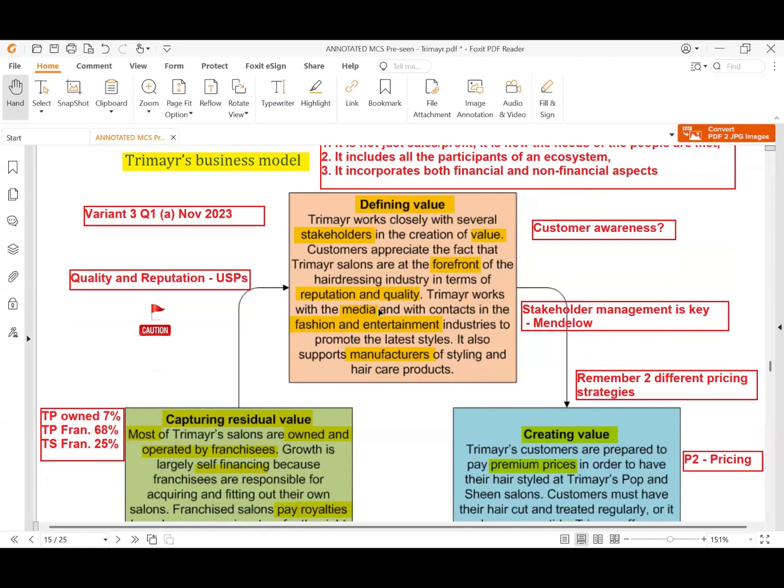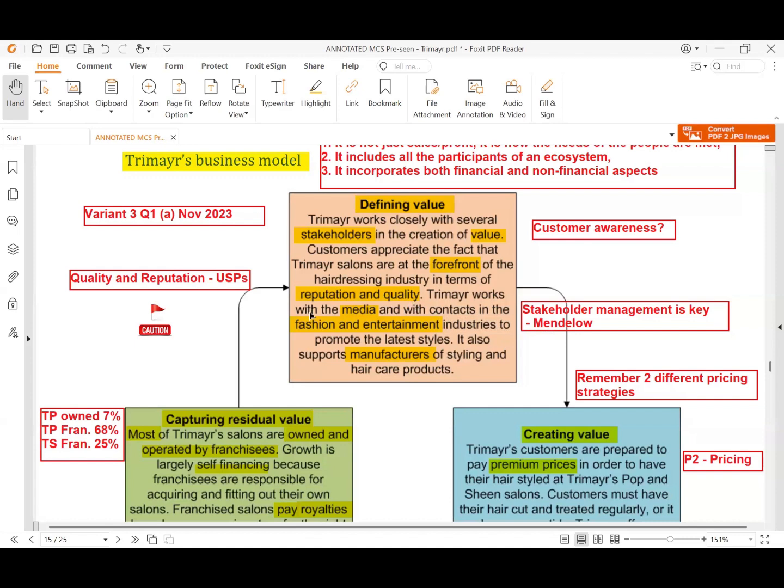Very simply, they understand that customers in the Daslandian market, whether for a pop salon or Sheen, are interested in a high quality haircut, and they've built their reputation and hinged it on that. They've also thought, let's not go low end, let's go high end. Let's capture at two different price points, a high one and one in the middle.